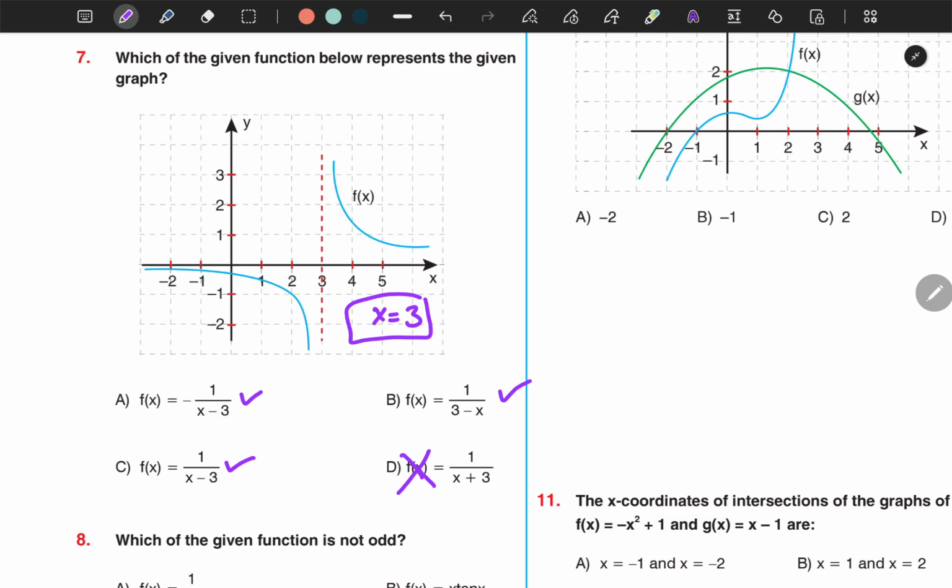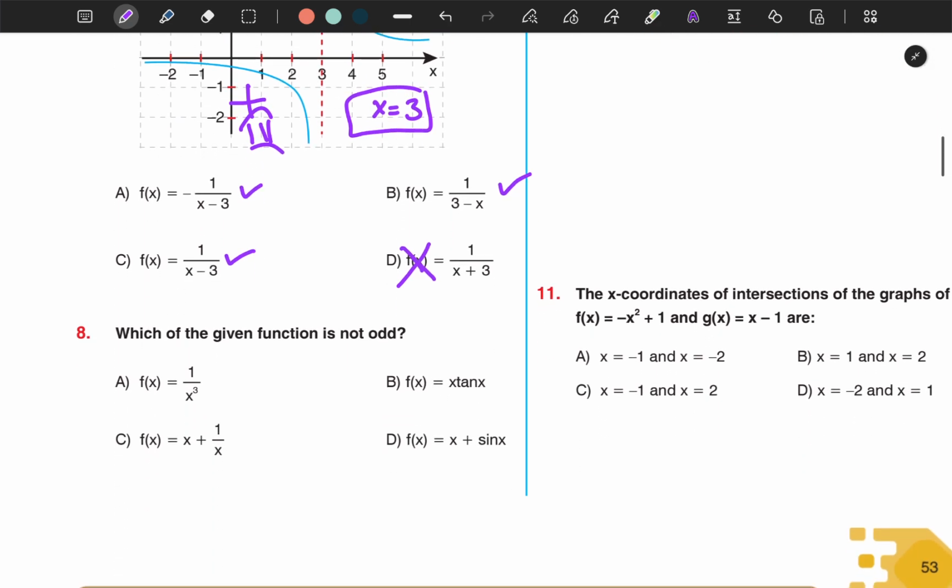What should I do here? I have to decide about the sign, isn't it? Look at here. This is the first quadrant. This is the third quadrant. So for the first quadrant and third quadrant, you remember that the sign should be the same, positive. Do you remember, guys? Yes.